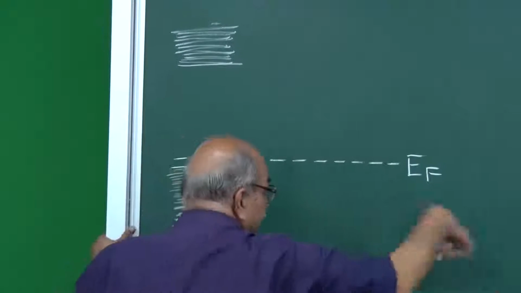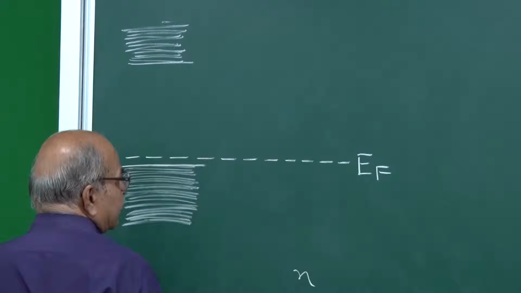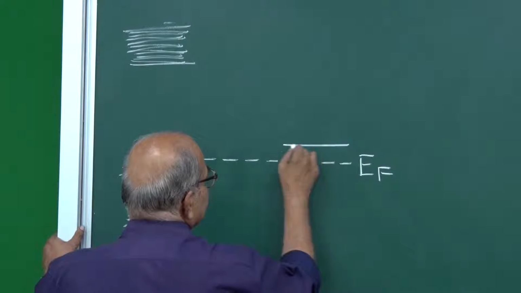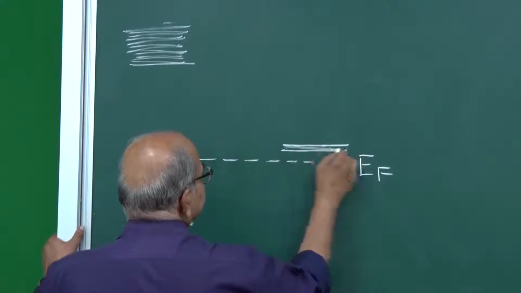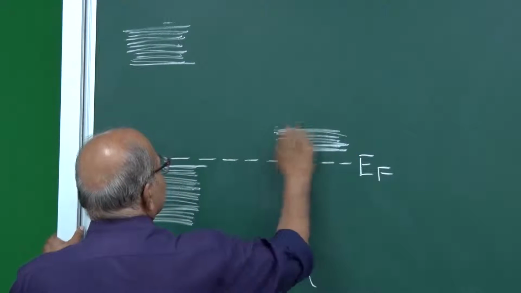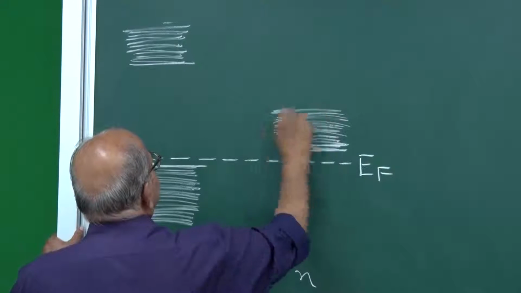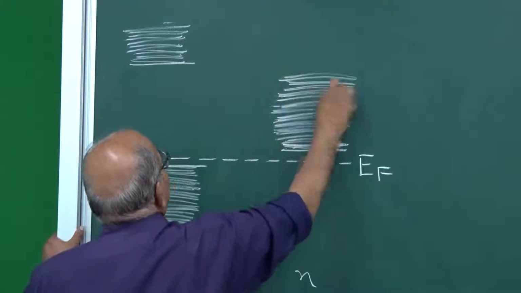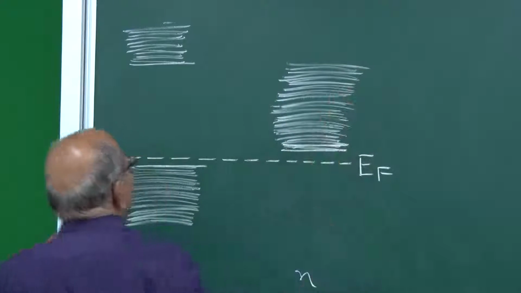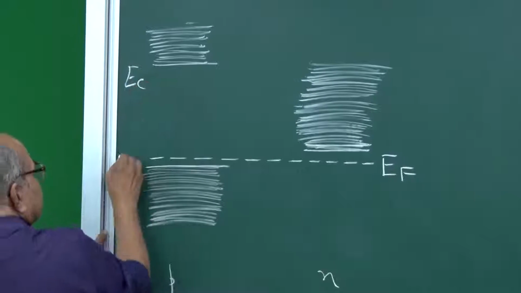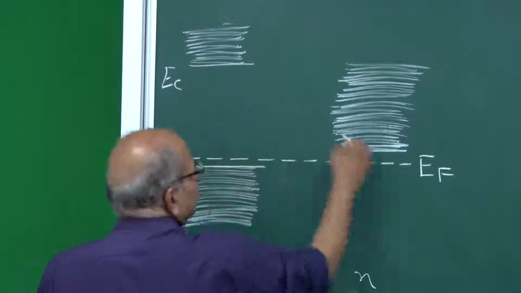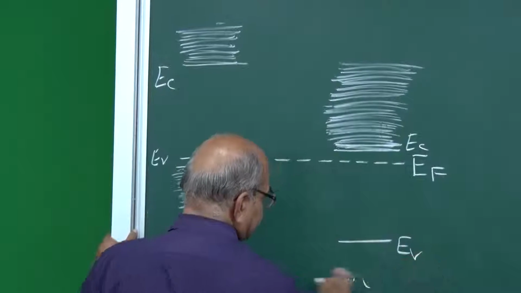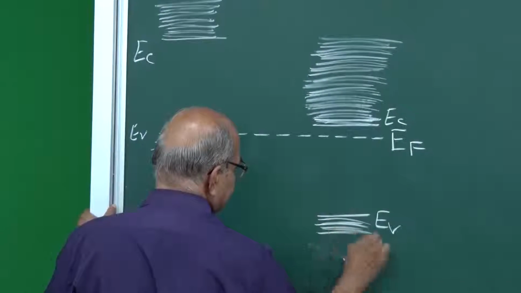And then here on this side, that N side, the conduction band starts here. These are the conduction band energies. All these quantum states correspond to conduction band. Okay, so this is EC here, this is EV here, then this is EC here, and EV will be somewhere here. So the quantum states are here.